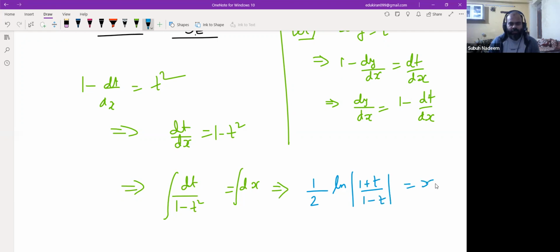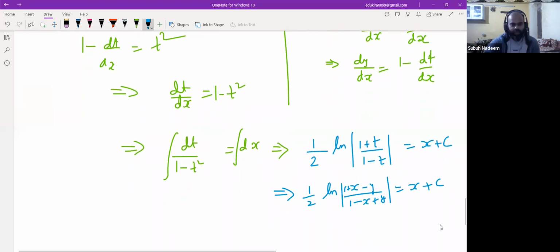And this is x plus c. Now you put t as x minus y, so we get (1 plus x minus y) by (1 minus x plus y) is equal to x plus c. Now you can find c by putting the initial condition. What was the initial condition? When x is equal to 0, y is equal to 0.